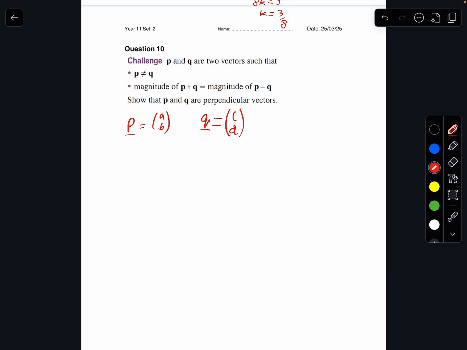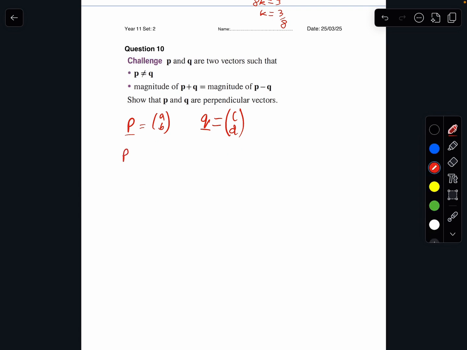Now I basically need to show the gradient of P would be B over A. The gradient of Q would be D over C. Now, since I want to show these are negative reciprocals of each other, I need to show that B over A is equal to minus C over D, or some kind of variation of this idea. That's my kind of goal, and if I can get to that, I am fine. All right, so I'm going to rub all this out, but keep that idea in mind of what we're looking for.